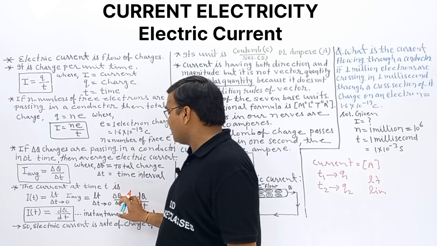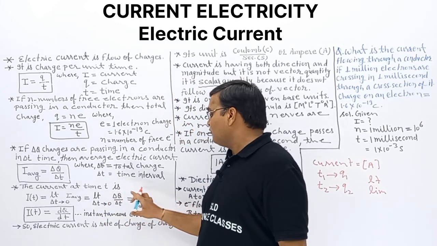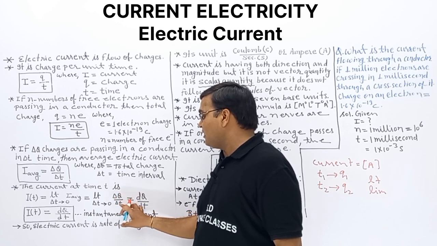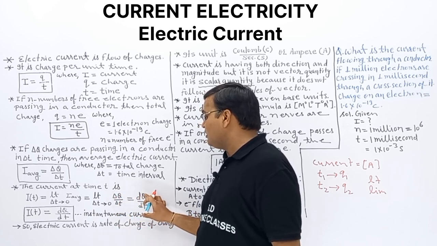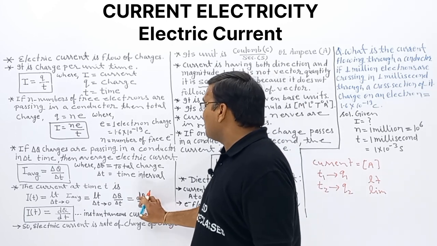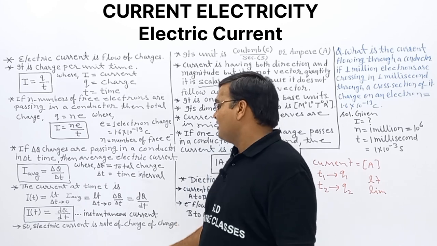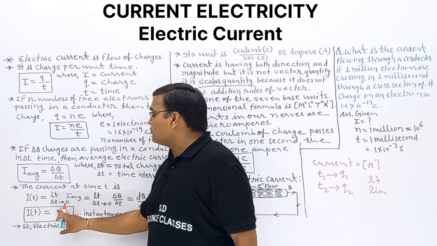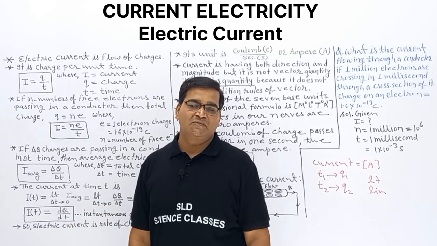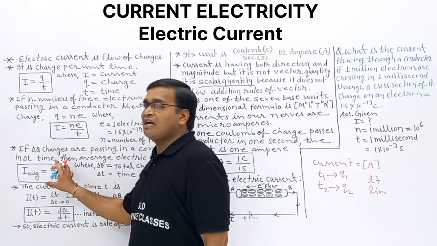I average is delta Q upon delta T, and delta Q upon delta T changes into dQ by dT, which is the rate of change of charge. So instantaneous current is the rate of change of charge, change in charge upon change in time. Getting or not? Delta Q is the total charge.